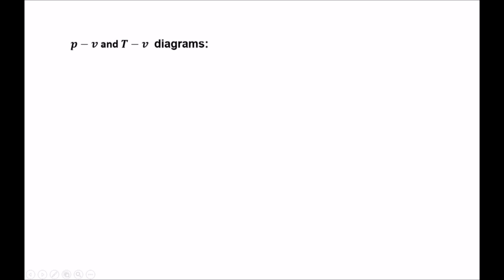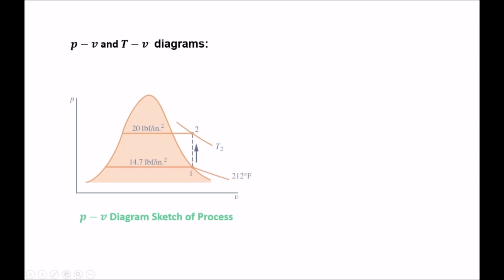The next step is to develop, as requested, the appropriate thermodynamic diagram to represent the process. The first one shown on the left is the PV diagram. State 1 is saturated vapor at a given temperature and hence on the right edge of the vapor dome and at a pressure of 14.7 pounds force per square inch according to the saturation table for water.